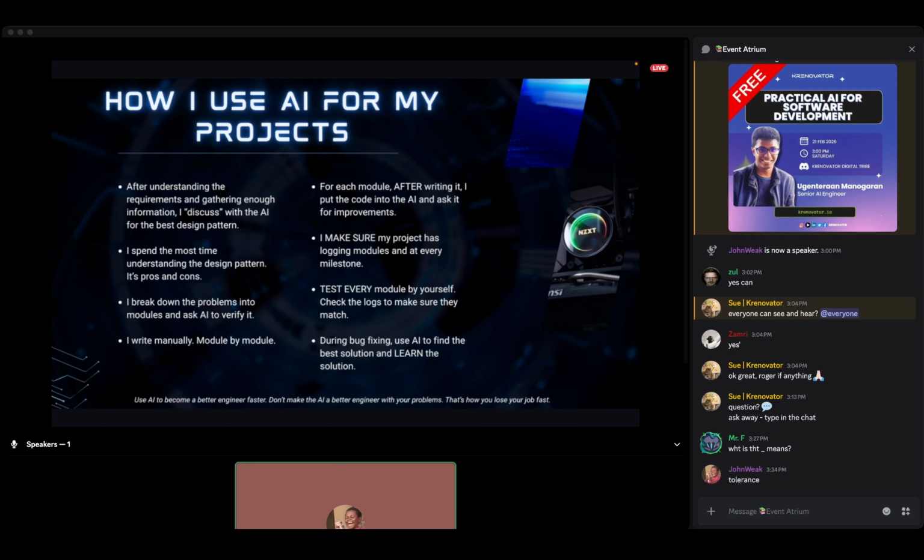Previously, before the AI era, when you were facing these kinds of bugs, you had to go to the internet, to Stack Overflow and things like that. Most of the time, yes, you can find a solution. But there are some cases where it's very, very difficult to find a solution, and you would sometimes get stuck on that one problem for a few days.